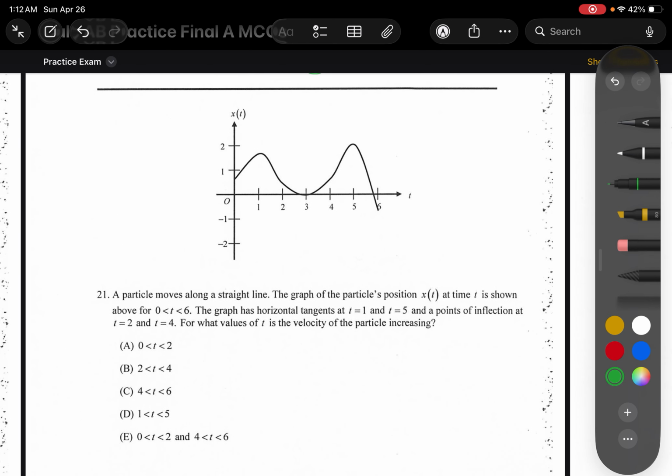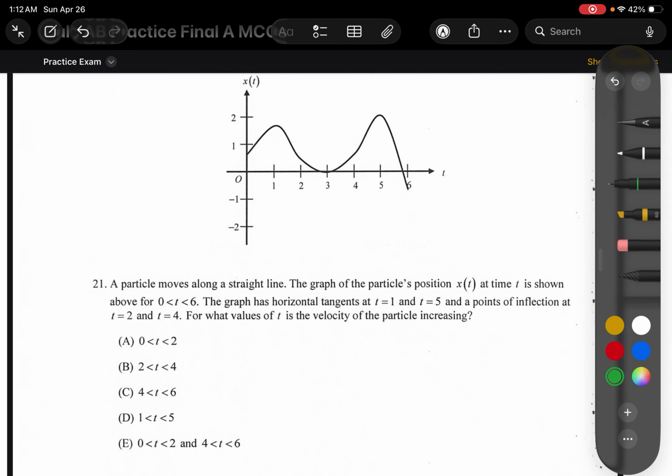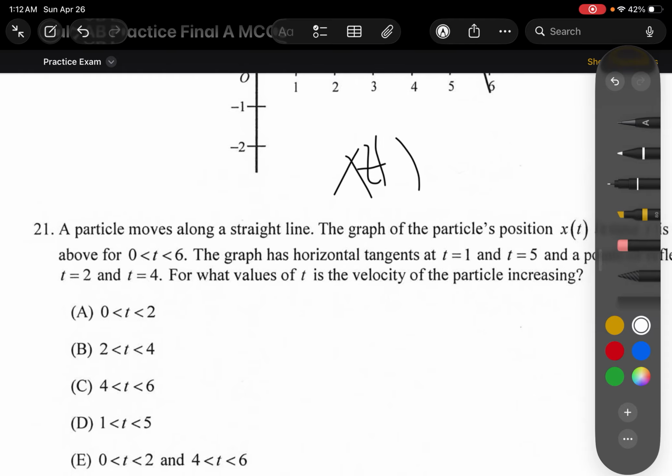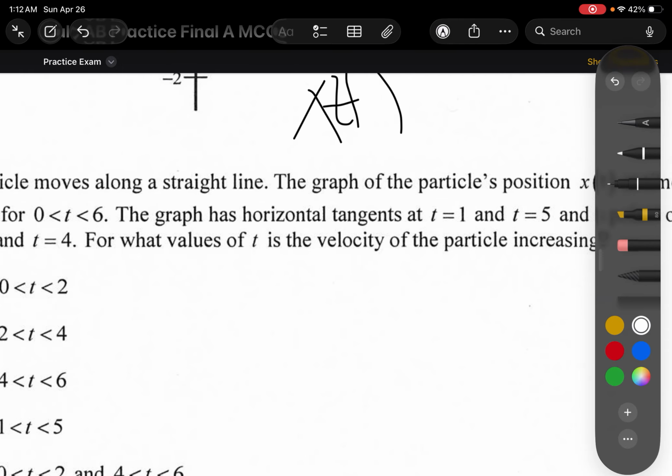Number 21. It's saying, when is the velocity increasing? So this is x of t. And now we're going to find when v of t is greater than 0. So remember, let's do a comparison.